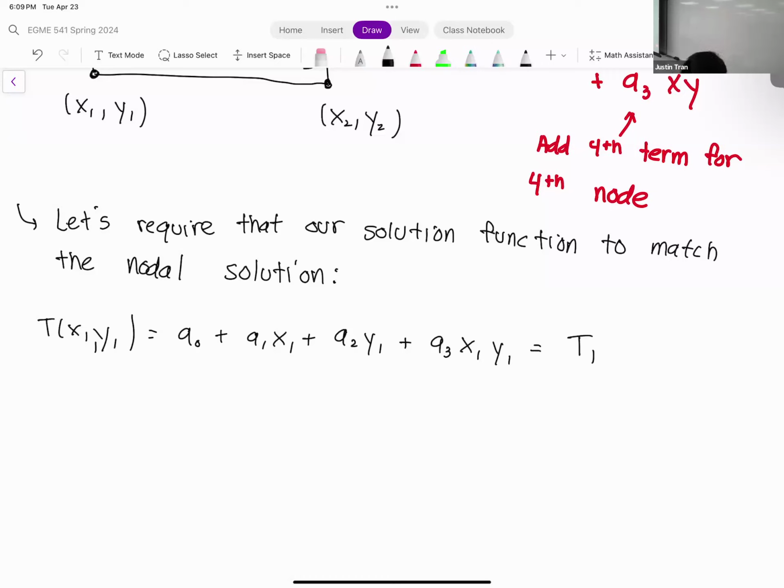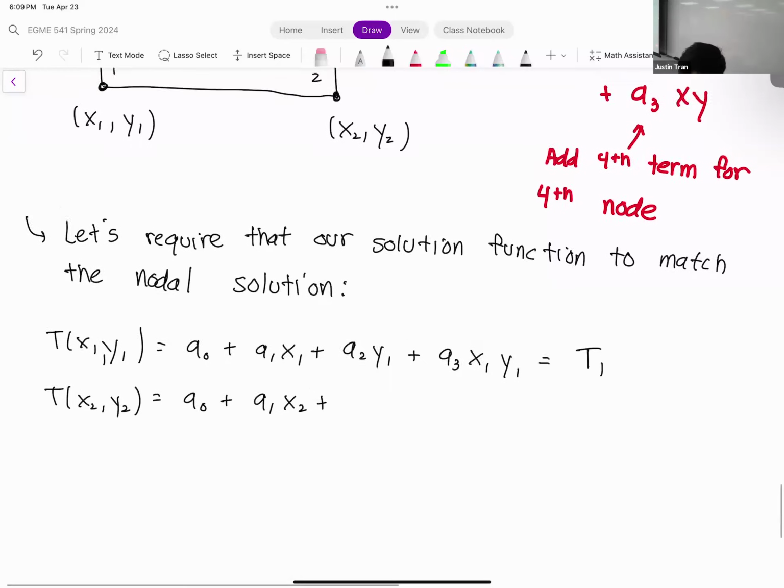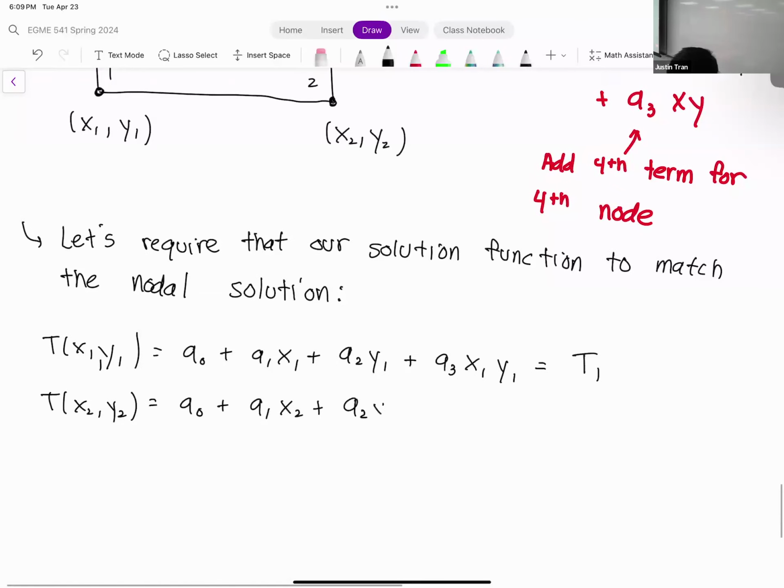We have T of x2 y2 is equal to a0 plus a1 x2 plus a2 y2 plus a3 x2 y2. That whole function there has to be equal to the nodal solution at node 2, so T2.